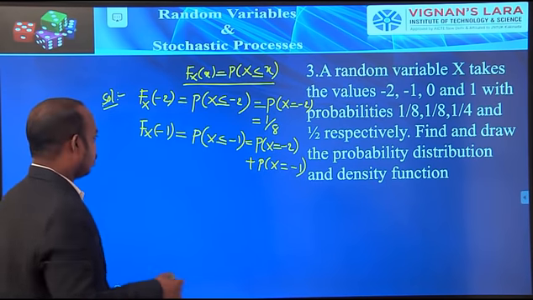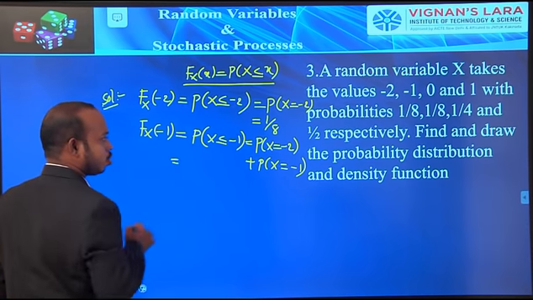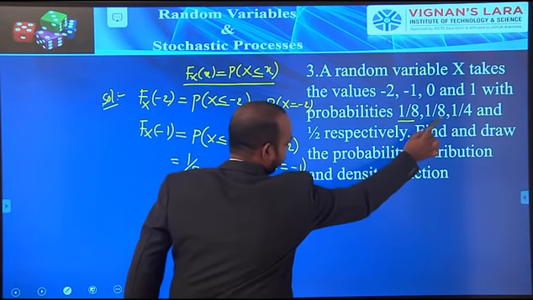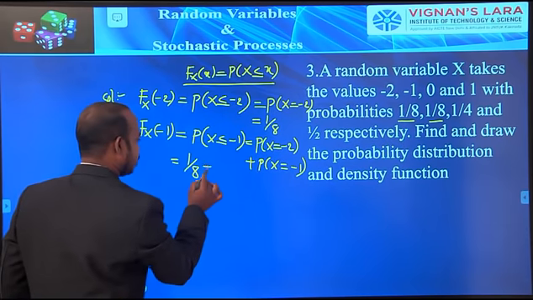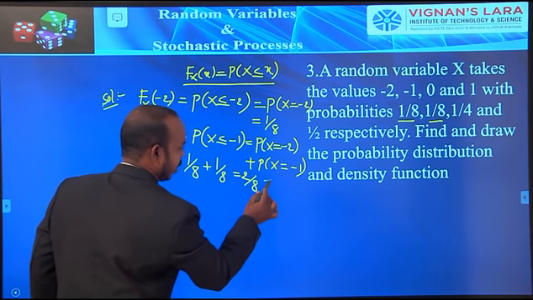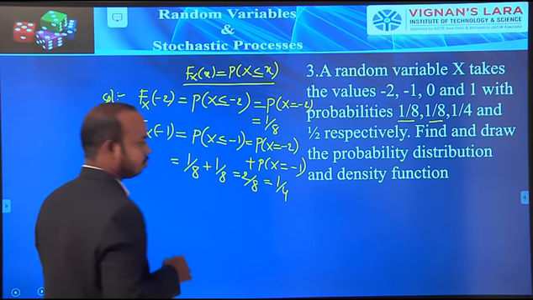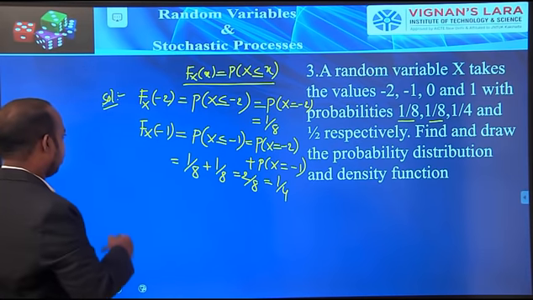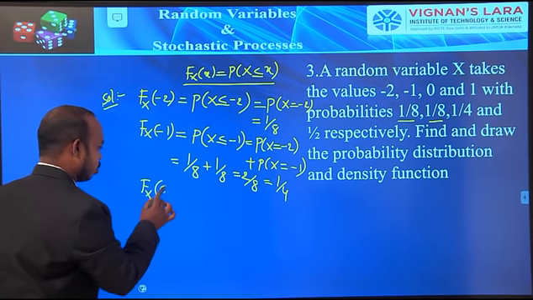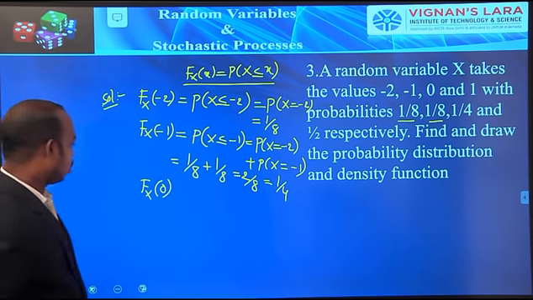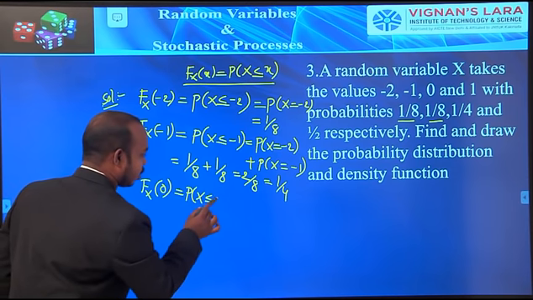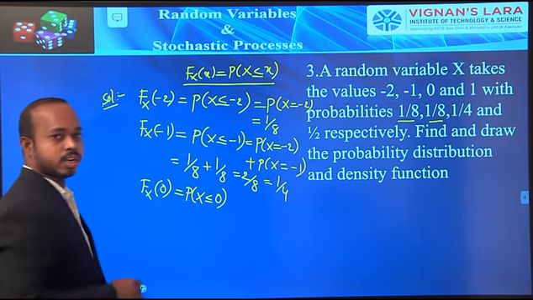These two values are 1 by 8 and 1 by 8, totally 2 by 8, which is 1 by 4. Coming to the next one, the third one, FX at 0. The quantity is the probability of capital X less than or equal to 0.